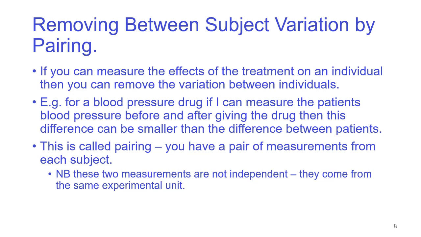This is pairing. You have a pair of measurements from each of the experimental subjects. These two measurements are not independent of each other. You can always tell when I've got a data set which is paired within SPSS because I end up with two columns for the same measurement.